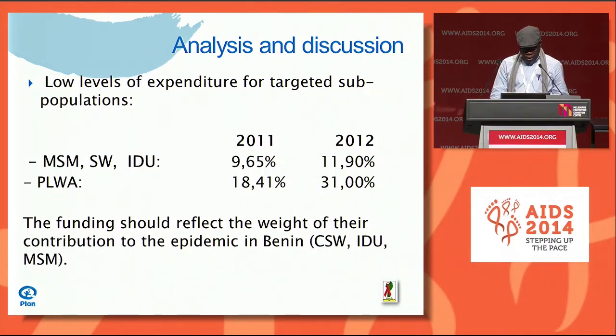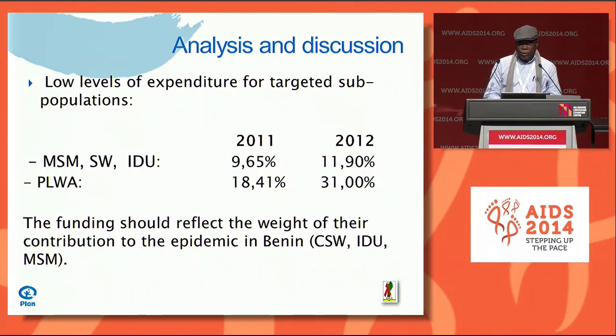For people living with HIV/AIDS also, there is an increase of the expenditure made for this population. But the funding should reflect the weight of the contribution in the epidemic in Benin.